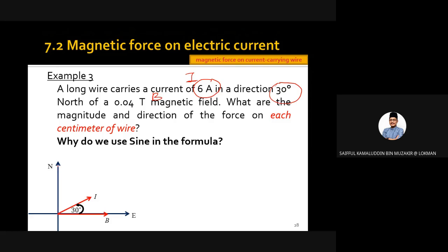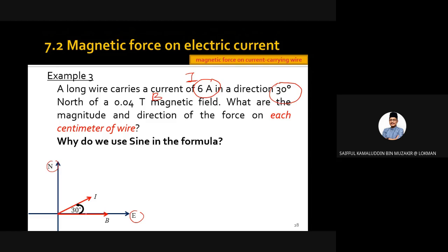Look at your north, buat lah. Okay, this north. Okay, this east. We have the magnitude of I. We have, okay, 30 degrees north of a 0.04 Tesla magnetic field. We should put like this.